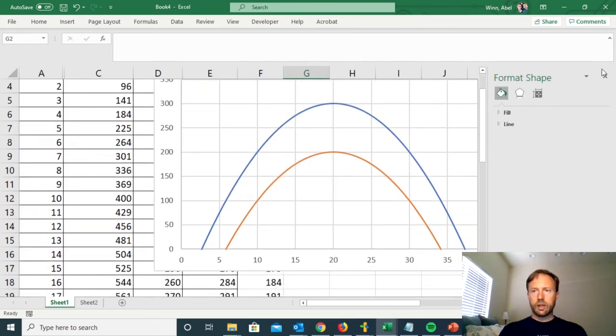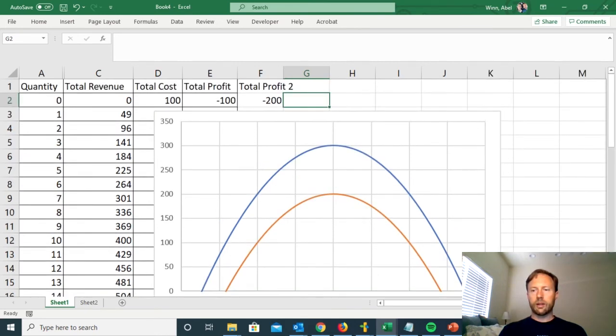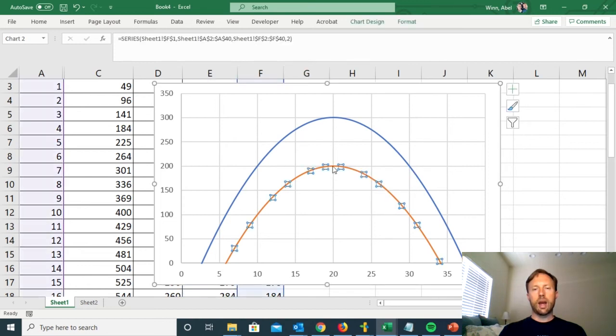And there, once again, you've got a graph that looks like the one that I posted on Blackboard. Here's the original profit function when you had a fixed cost of 100. Here it is when you have fixed costs of 200. Notice that all that's happened is every point on this orange curve is $100 below the equivalent point on the blue curve.